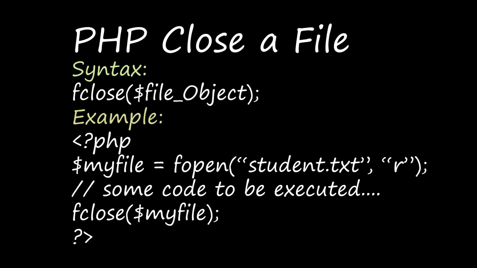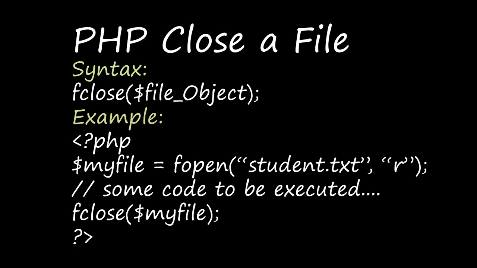Here if you see the example, they will give $myfile is equal to fopen. Inside the bracket, what did we give in fopen? File object is equal to fopen and then the file name and then its mode, write mode or read mode, right? Inside this fopen you are giving the file name student.txt and then r, whatever you need.